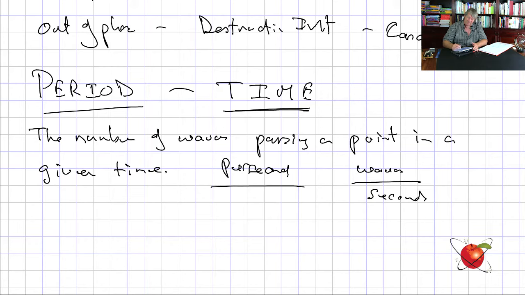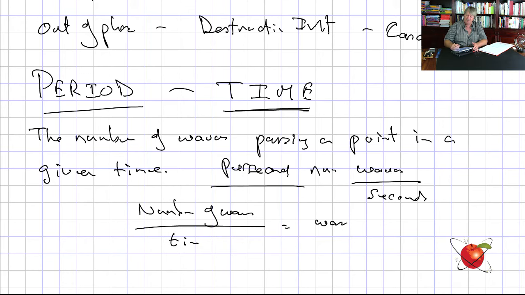So I say 1, 2, and then I count the number of waves and divide it by the total time. So if 12 pass me in 60 seconds, my period is 1 over 60, right? So it's number of waves over time, and it's waves per second.